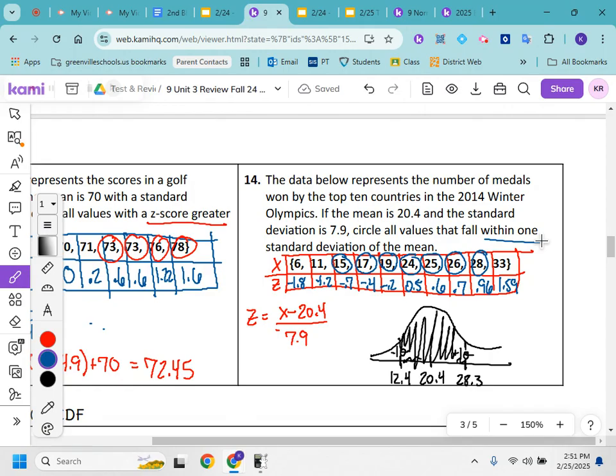Falls within 1 standard deviation. So this is lower than 1 standard deviation. This is lower than 1 standard deviation. This is between 1 standard deviation and the mean, all the way to this. It's right before 1 standard deviation. So 2 ways to do it, but you have 1, 2, 3, 4, 5, 6, 7 answers.